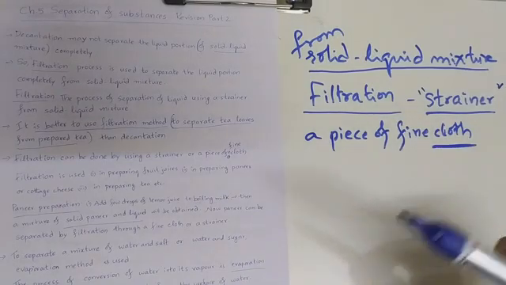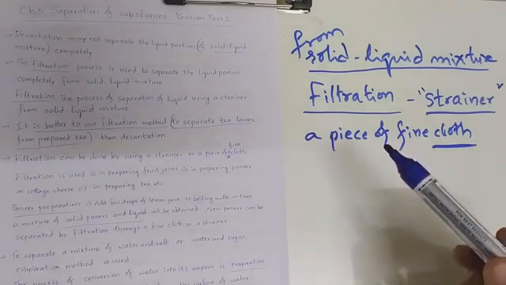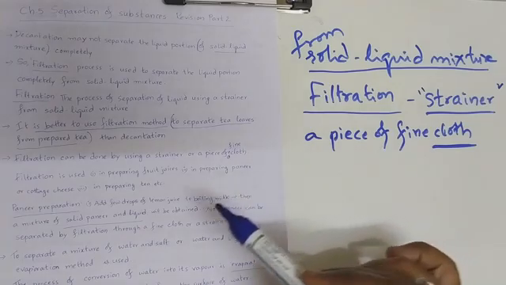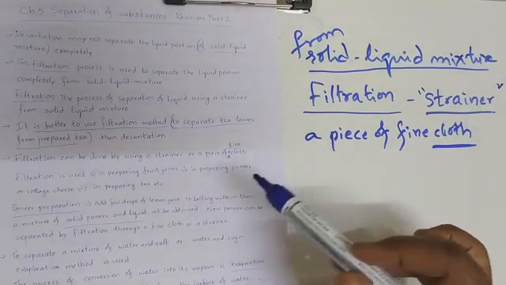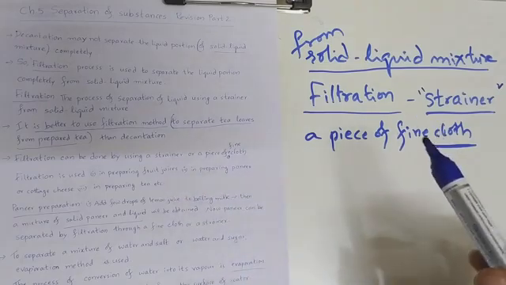So through those pores, the liquid can be easily filtered out. Right. Filtration is used in preparing fruit juices, in preparing paneer or cottage cheese, and in preparing tea.